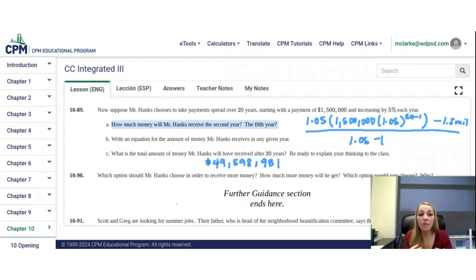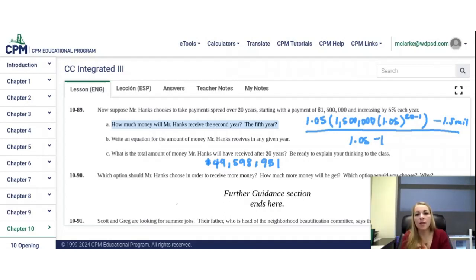And so maybe you're a person that's like, hey, I would want to do option B, because then I get 1.5 million and maybe I do something with that. So this is kind of a preference thing on what you want to do.